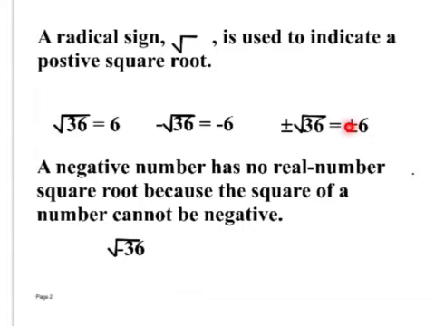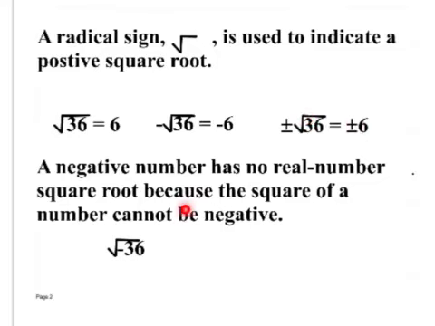What is negative 6 times negative 6? 36, right? Negative times negative is positive. So what's the square root of 36? 6 or negative 6, right? So you can have a positive or negative 6 for a square root, because both give you 36.